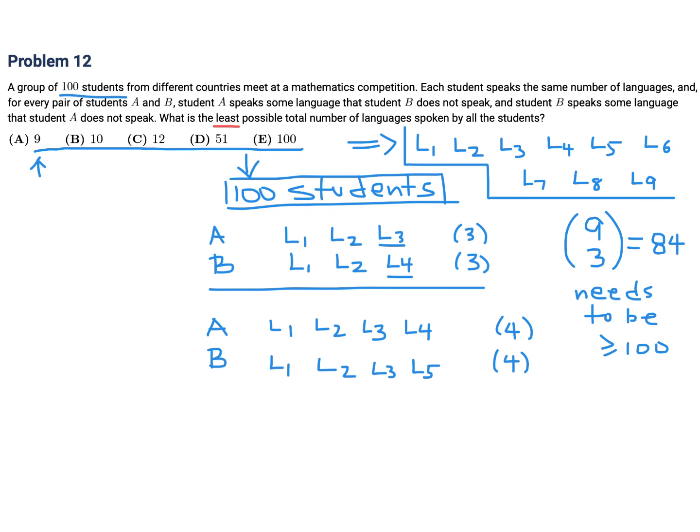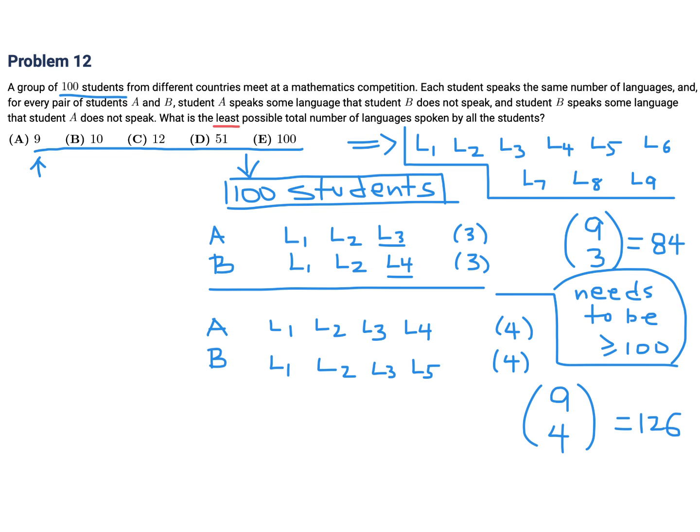Now let's see what happens here. Then it would be 9 choose 4, and 9 choose 4 is 126. So that is indeed greater than 100. So this scenario would be possible, and we did it with just 9 languages. I'm sure you could most likely do it with all these other guys, but they want the least. So therefore the answer would be A.